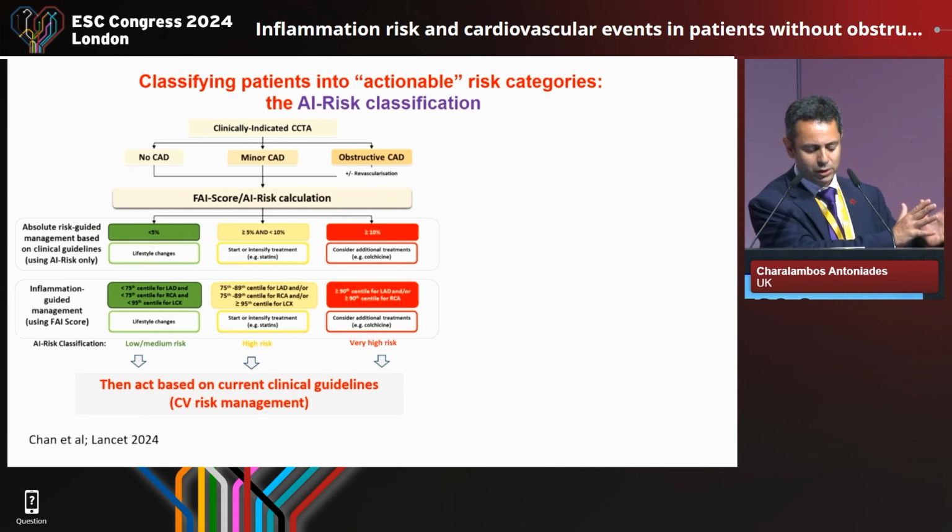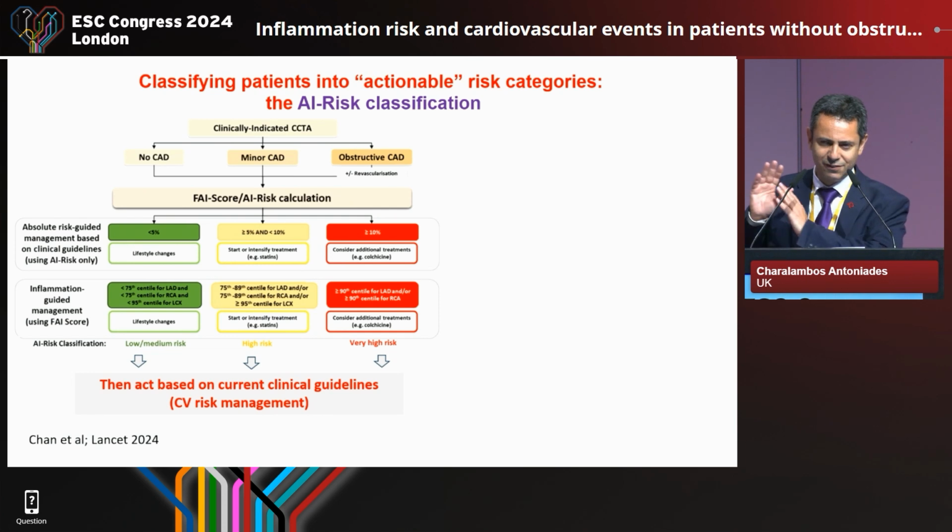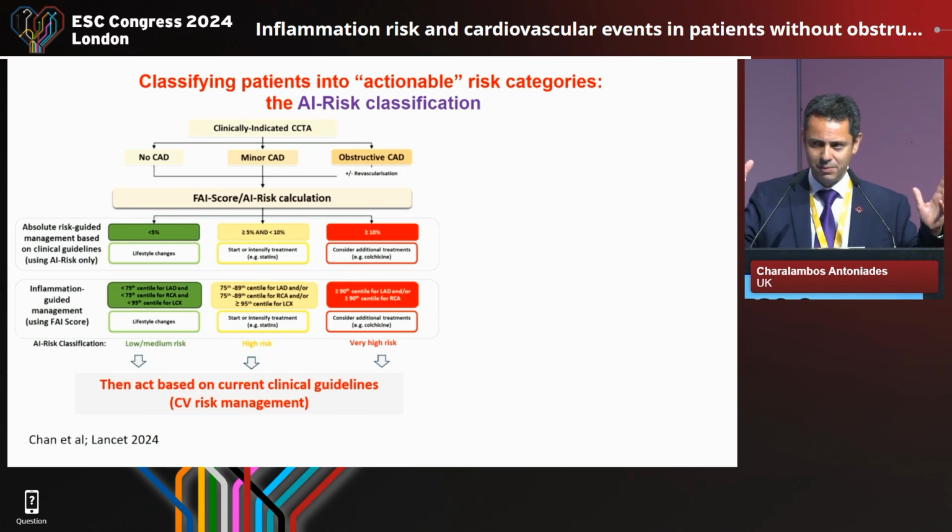You have the low, medium risk patients, the high risk patients, and the very high risk patients. And then based on the risk, you know what to do by looking into the guidelines. This is exactly what this prognostic model does. It positions your patients, taking into account everything, including the imaging information, into these three buckets.